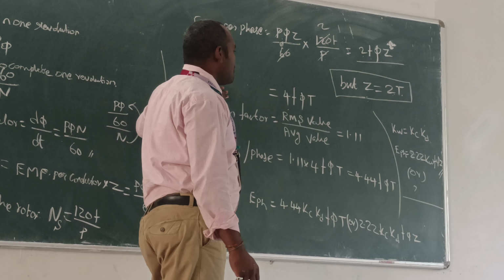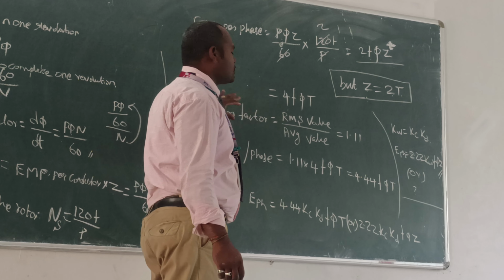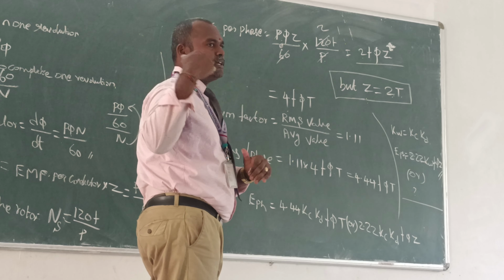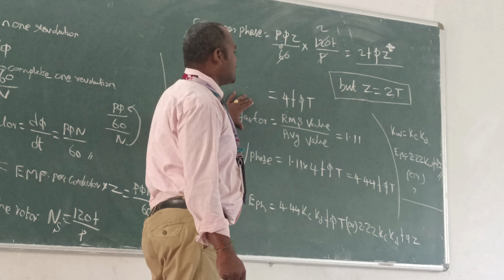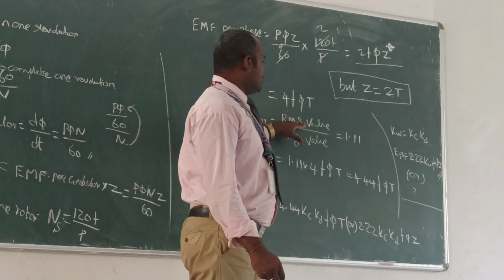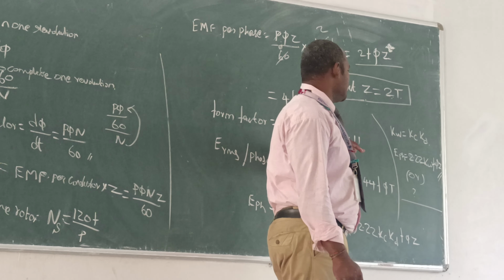But we all know that form factor is equal to the RMS value by average value. Why should you consider the form factor? Because we have a sinusoidal waveform here. For a sinusoidal waveform, the form factor, the RMS value by average value, is equal to 1.11. You all studied this in circuit theory.